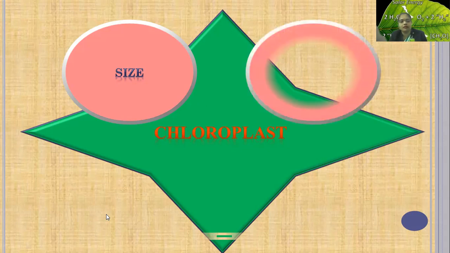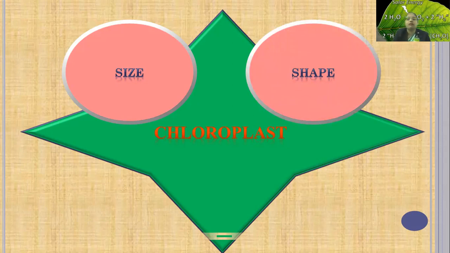After the size of chloroplast, the next point is the shape of the chloroplast. There are various shapes of the chloroplast, for example plate-like, cup-like, ribbon-like, star shape, spherical and oval shape.